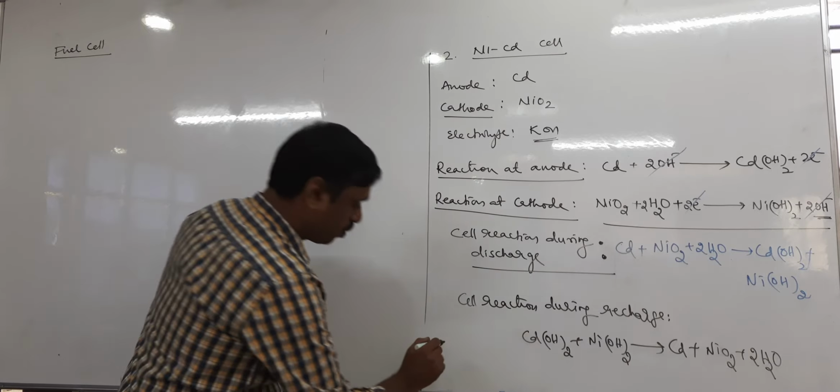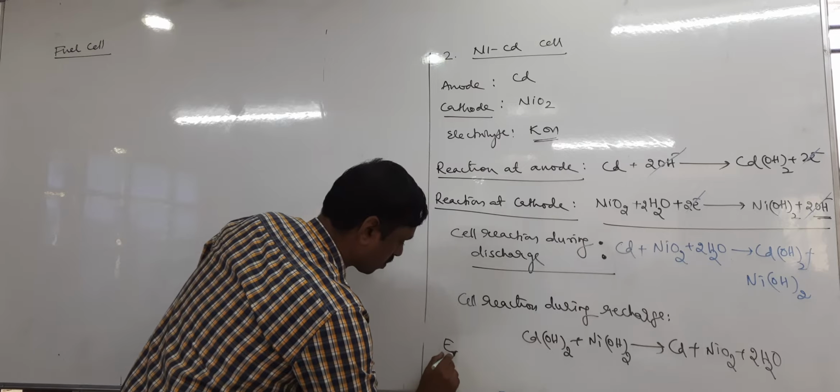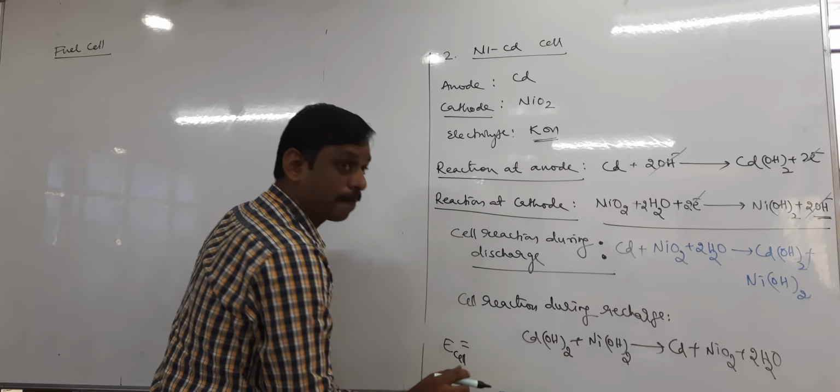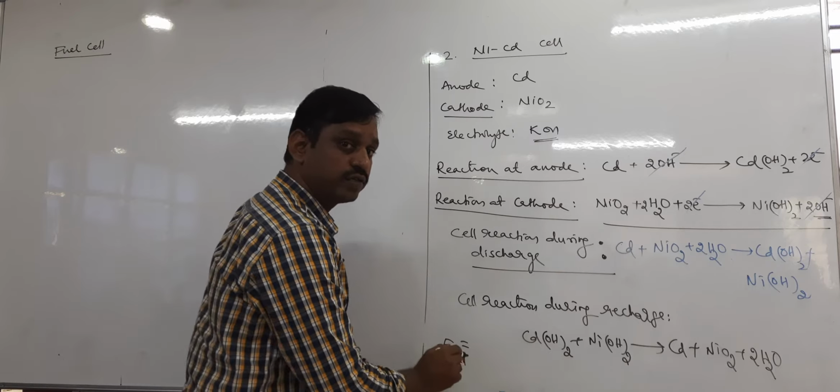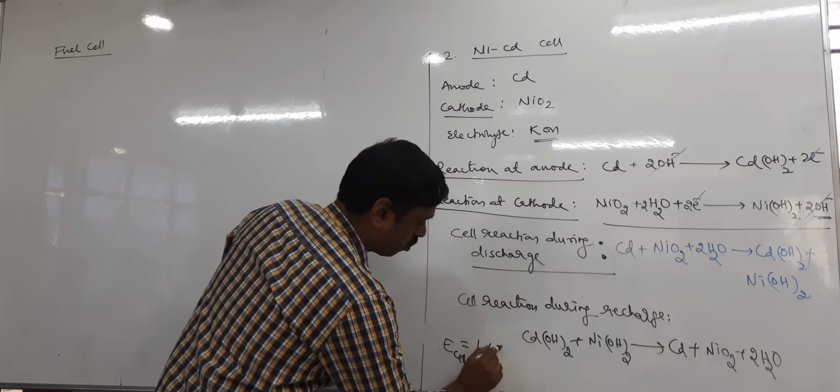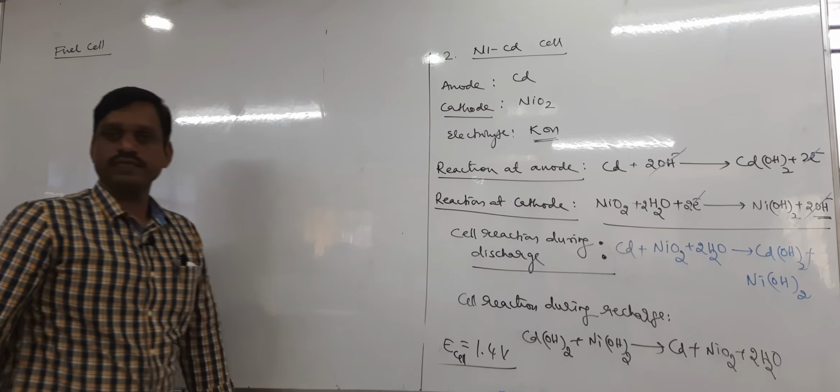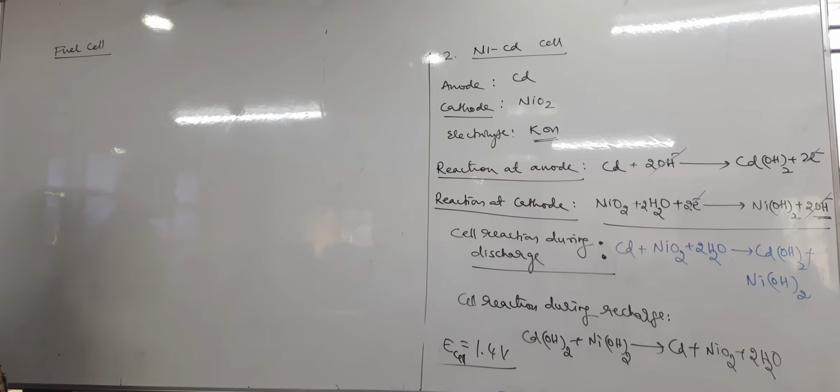So what is the cell potential? It is 1.4 volt. Okay, take it down. The cell potential is 1.4 volt.